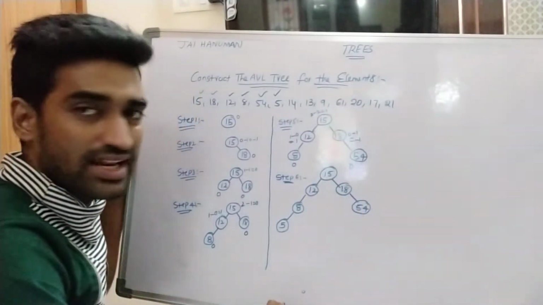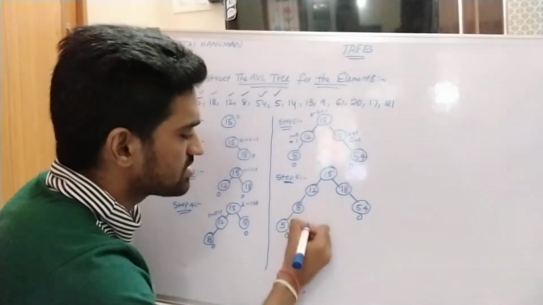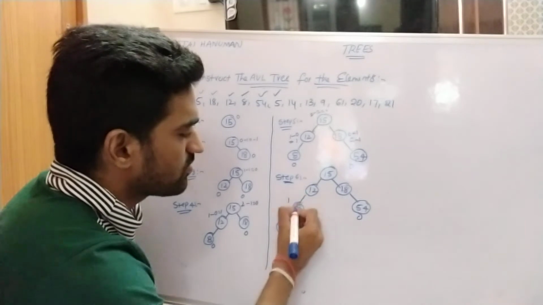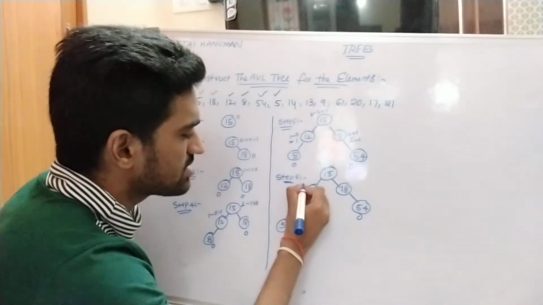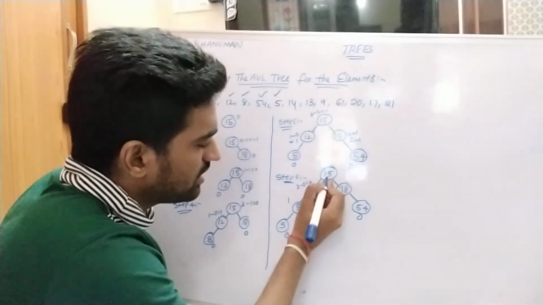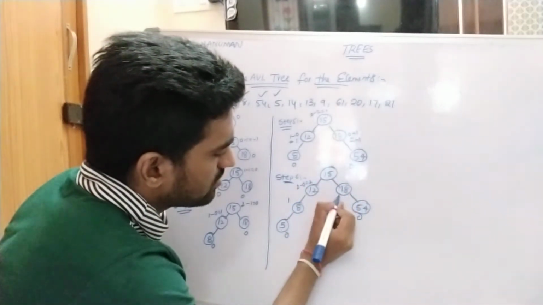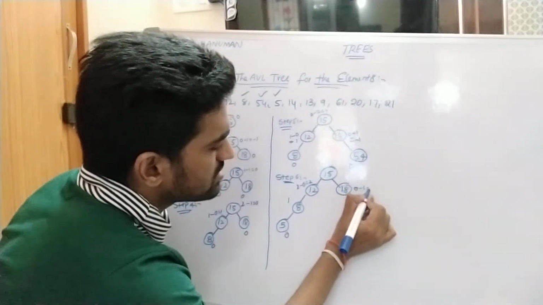Again, we are calculating the balancing factor. For leaf nodes 0, 0. For this one, 1 minus 0 is 1. For this one, 1. For this one, 2 minus 0, which is equivalent to 2. Here, for this one, 0 minus 1, which is equivalent to minus 1.